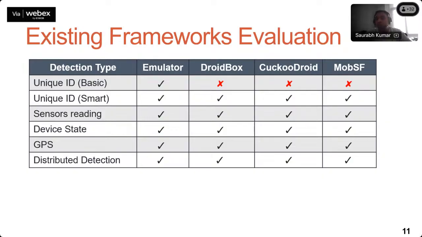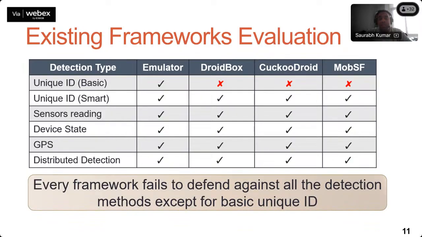If these rules are not followed, then we can say these are not realistic values. So based on that, we can say which things can be bypassed and which attacks these analysis frameworks are not able to defend against. The observation is as follows: every framework fails to defend against these attacks.